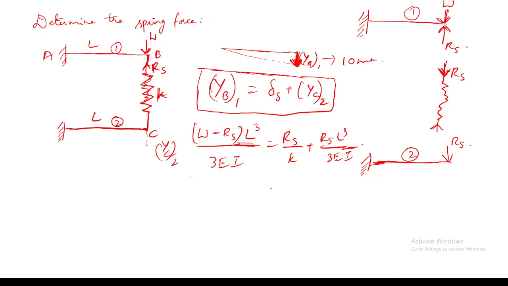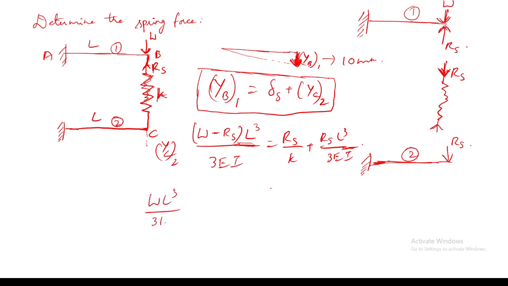So can you find out what is the value of RS from this? WKL cube by 2KL cube plus 3EI. Is it correct? Okay, let's see.